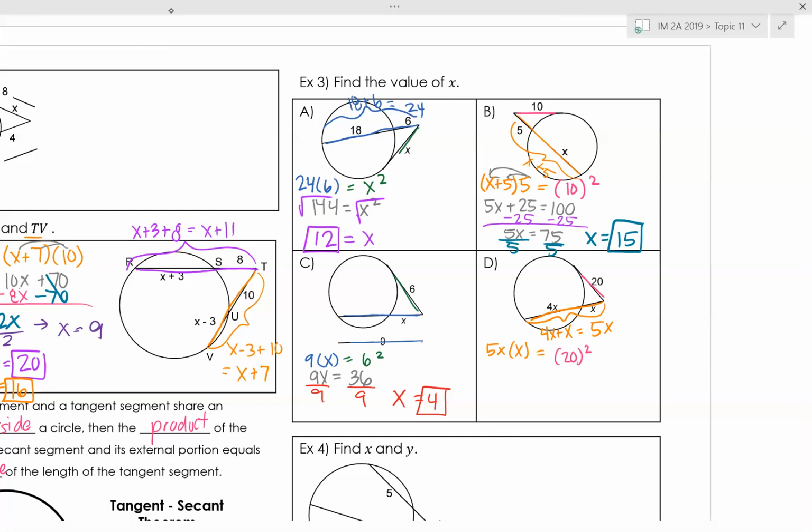So that means that 5x squared is equal to 400 because 20 squared is 400. So then we have to divide both sides by 5. So that x squared is equal to 80.